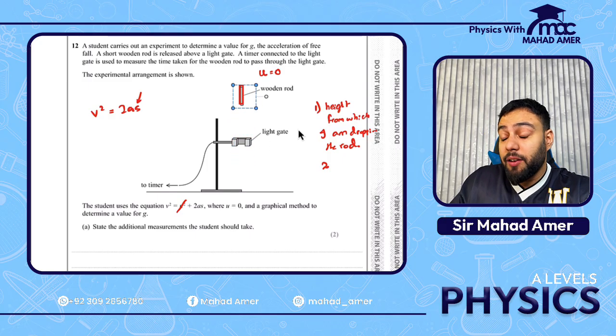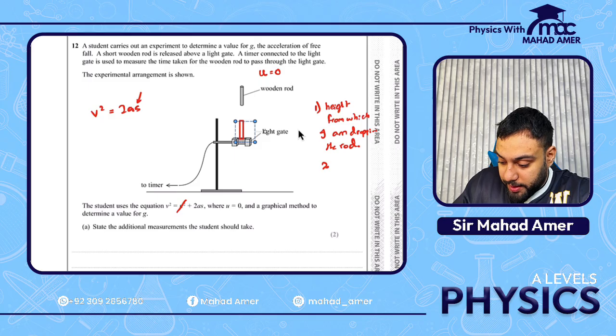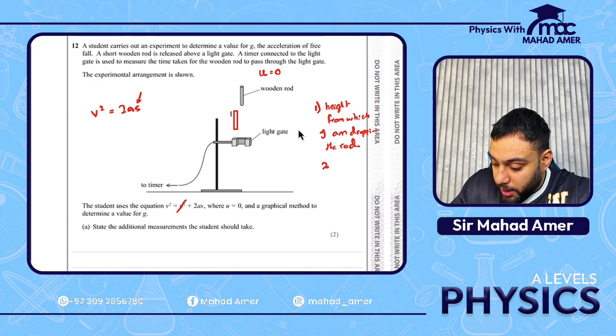For that final speed value, since I've got a timer attached, if this rod starts inside and then comes out, whatever the length of the rod is, that is the distance the rod covers while in the timer.